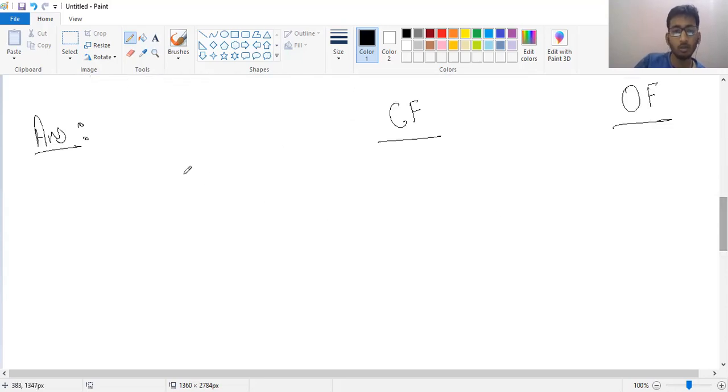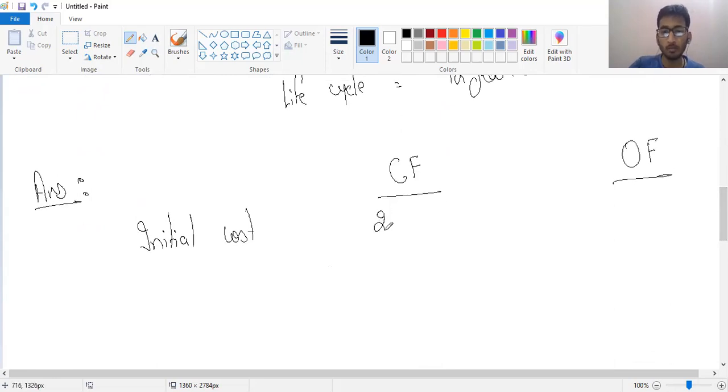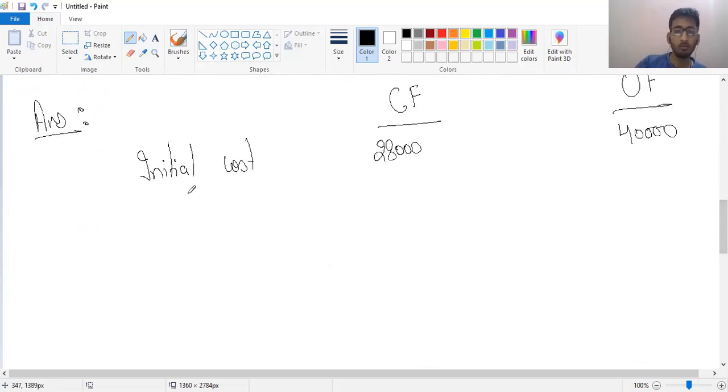Now for the initial cost, there would not be any discounting. I hope you know what discounting is. I'll tell you once again, just a second. 28 and 40. Now the annual operating cost.